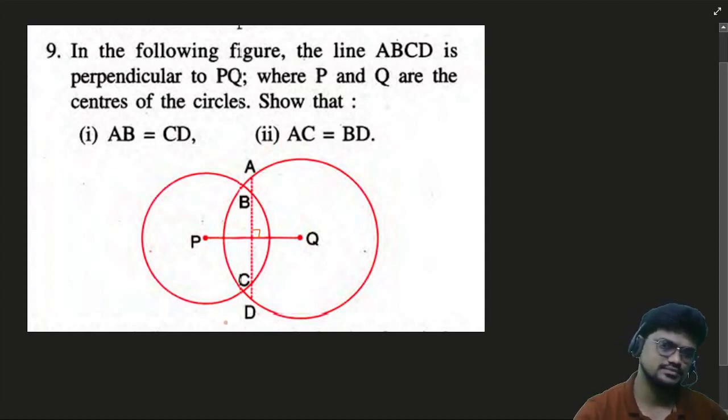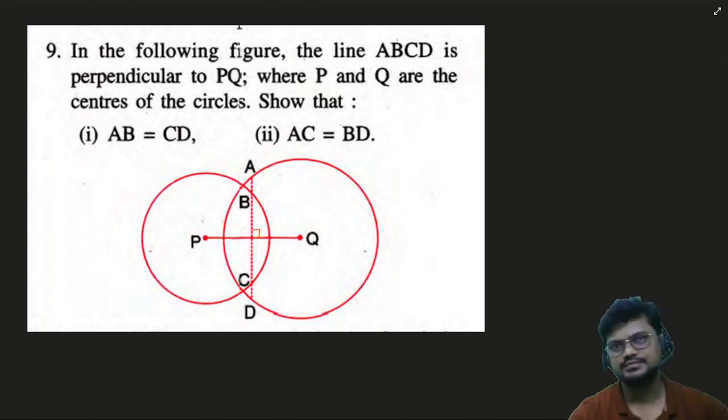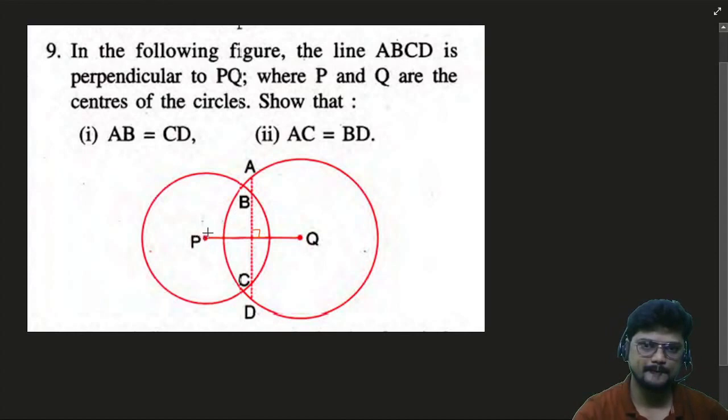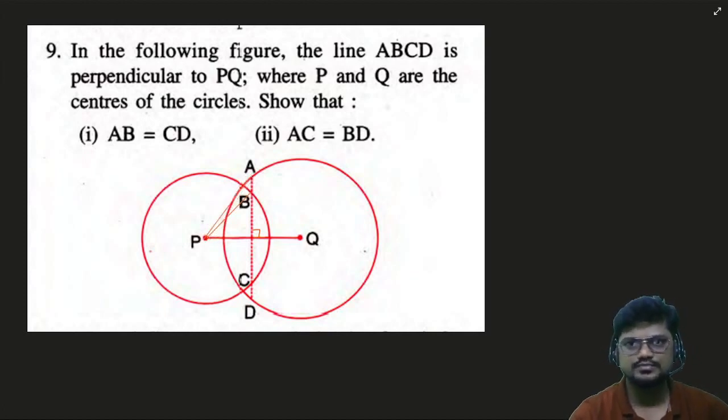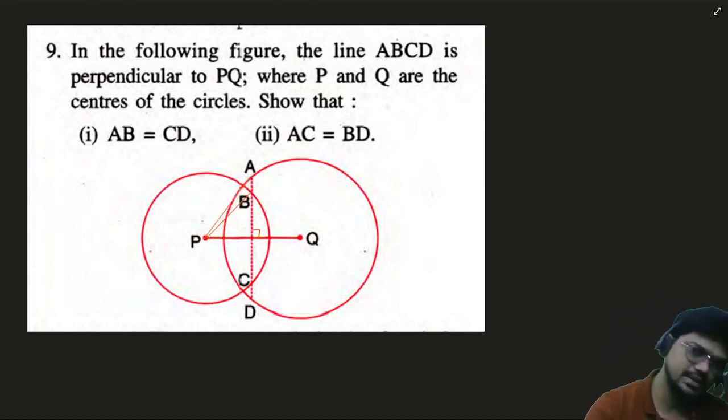How will you show that AB is equal to CD? See what we can do in this. If I join these two lines and these two, what I have to prove is AB is equal to CD.